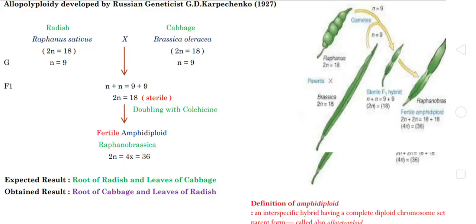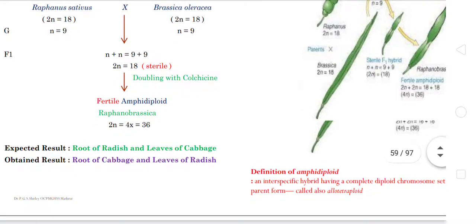It is a tetraploid. Doubling the chromosomes with the help of colchicine is an example of allopolyploidy.